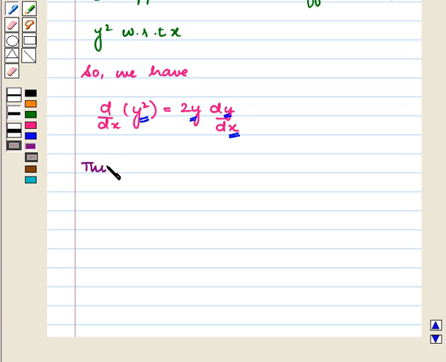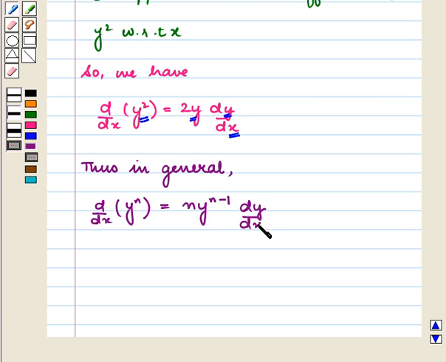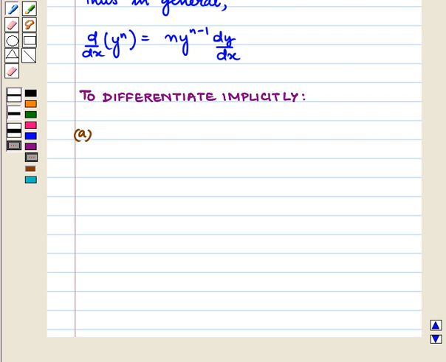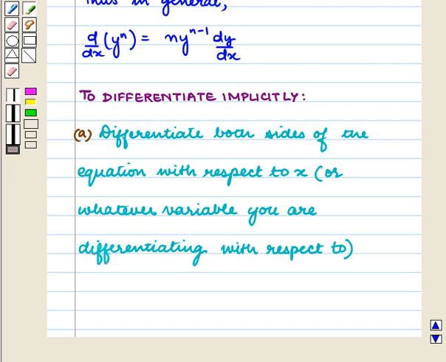Thus, in general, d by dx of y raised to power n is equal to n y raised to power n minus 1 dy by dx. Thus, to differentiate implicitly, differentiate both sides of the equation with respect to x, or whatever variable you are differentiating with respect to.